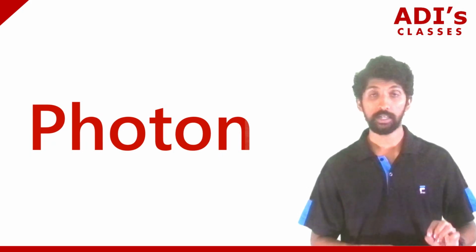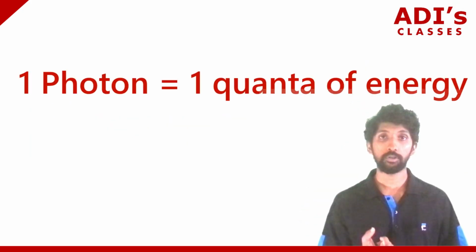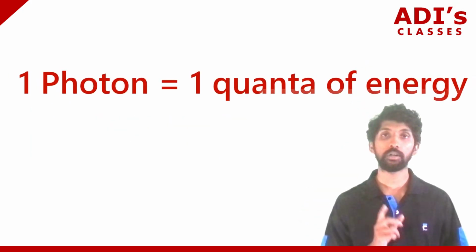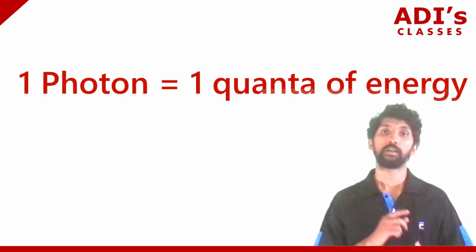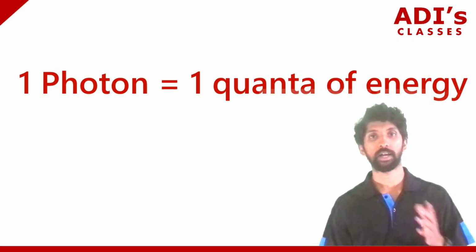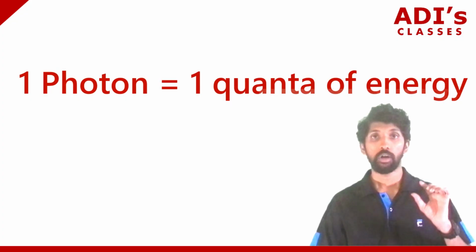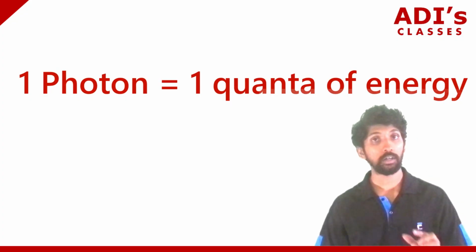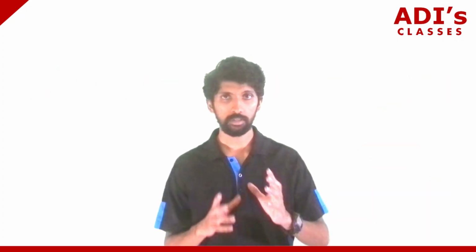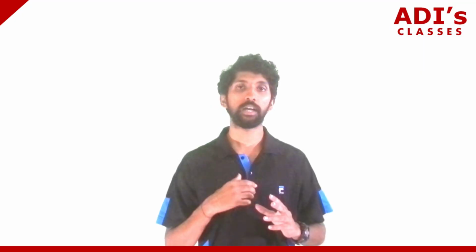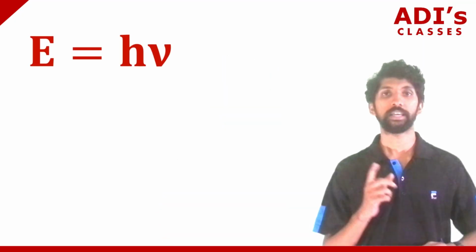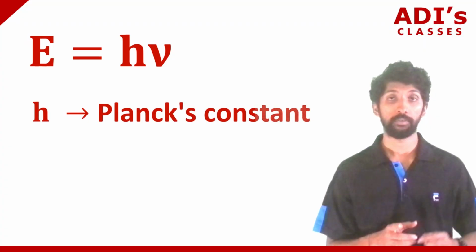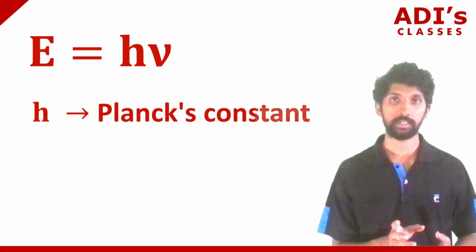Now we say that one photon has one quanta of energy. This word quanta was coined by the very famous physicist Max Planck. So a photon has a quanta of energy. To figure out the energy in a photon, we have the formula E is equal to h nu, where h is Planck's constant.